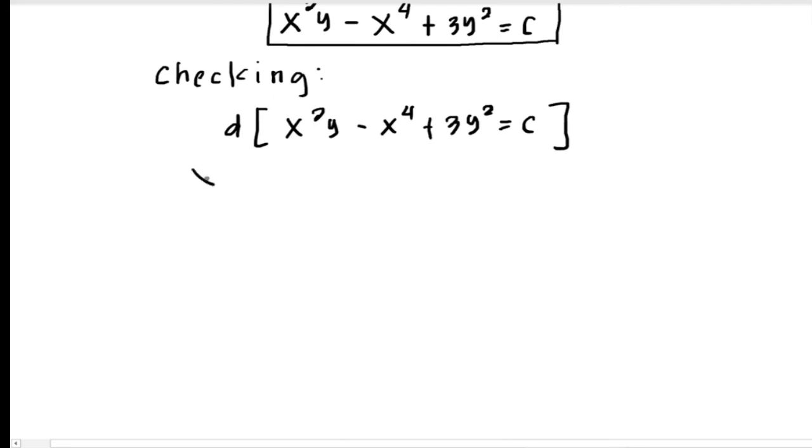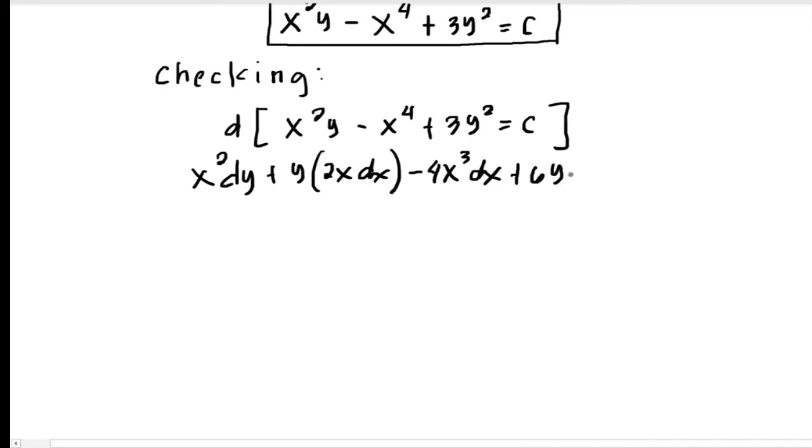That is x squared, differential or derivative of y is dy, plus y, then derivative for x squared is 2x dx. Then the derivative for negative x to the 4th is negative 4x cubed dx. And derivative for 3y squared is plus 6y dy, equivalent now to 0.